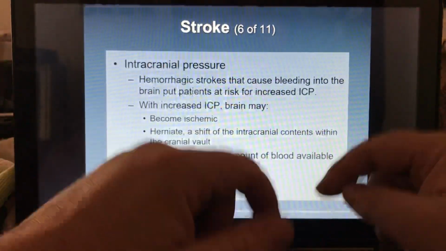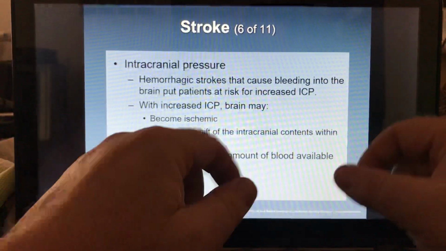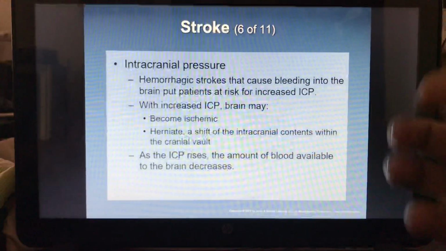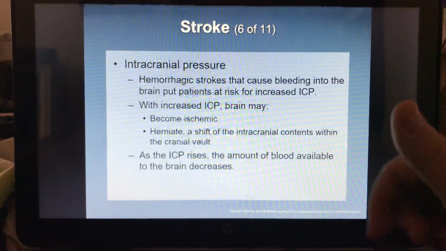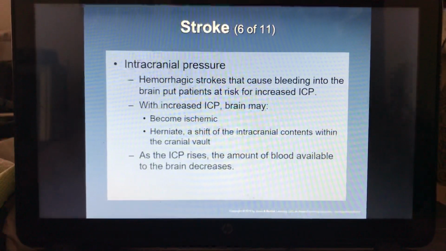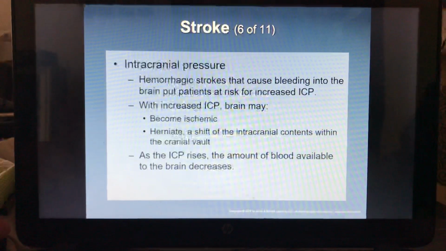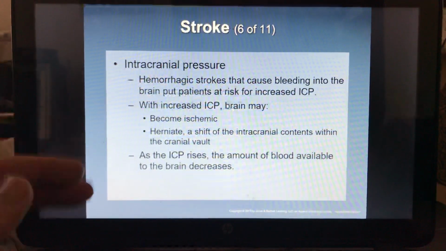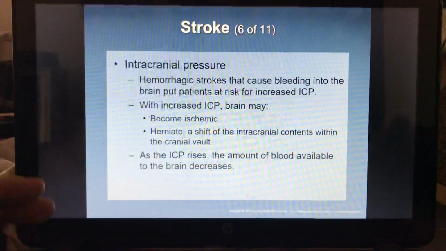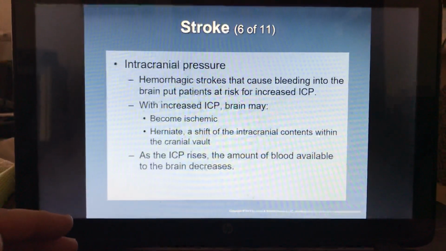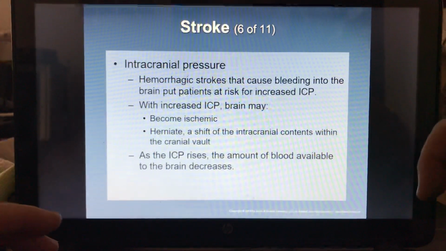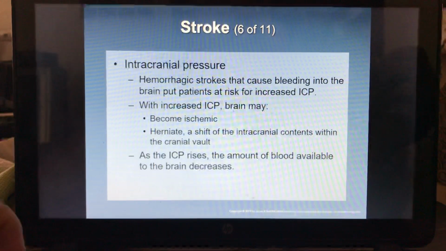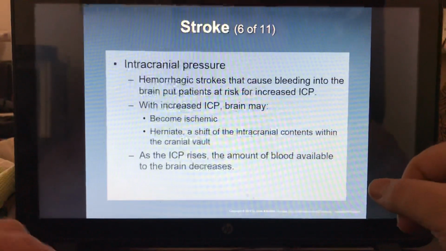So now the heart has to generate more pressure to try to pump blood into the brain, because all the brain recognizes is, oh my God, the two things I love the most that come via the cardiovascular system, my sugar and my oxygen, I'm not getting. So something's wrong somewhere, and it sends out signals to increase blood pressure. So a patient with most strokes is going to be severely, severely hypertensive.